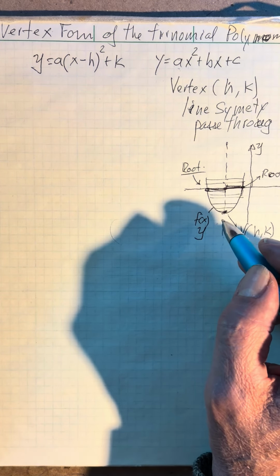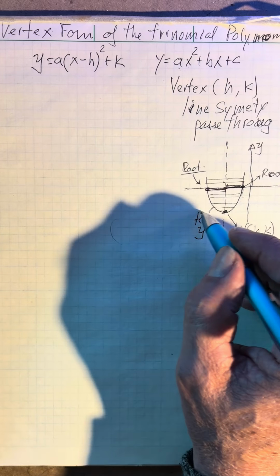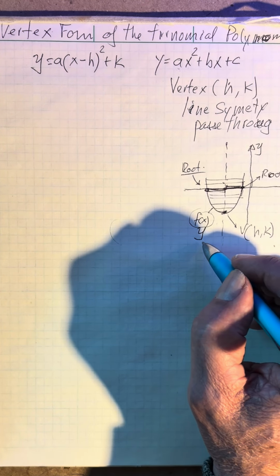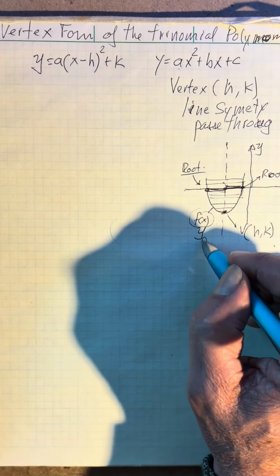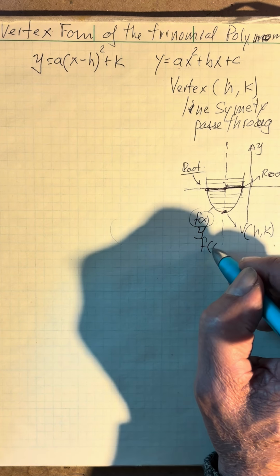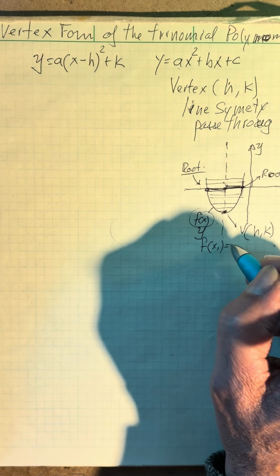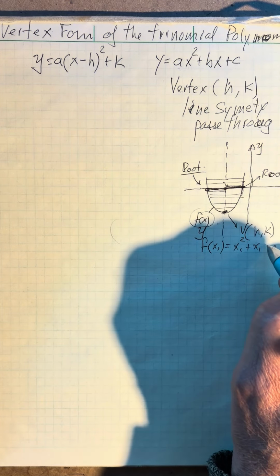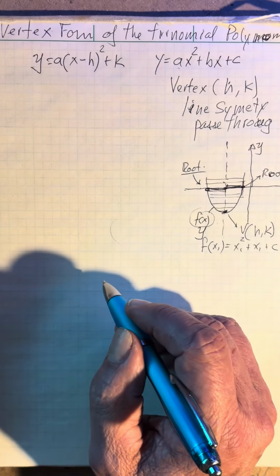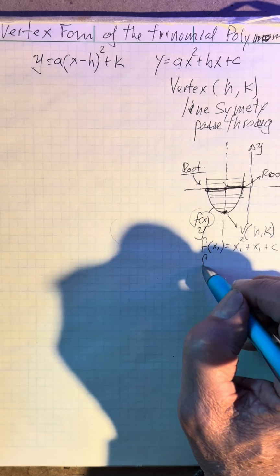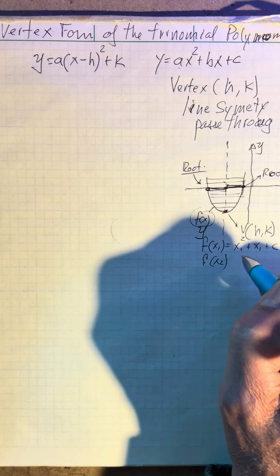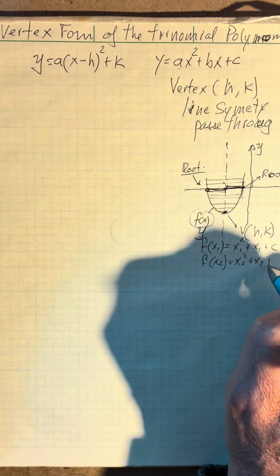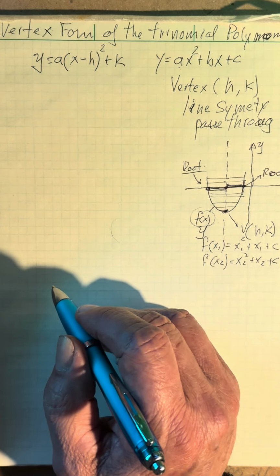But when we work with functions, we have to use this form because we have to evaluate the function at multiple values of x. So we will say f of x1 will be equal to a x1 squared plus b x1 plus c. And if I have an x2, it will be equal to a x2 squared plus b x2 plus c, and so on.